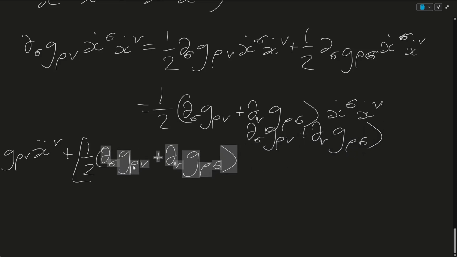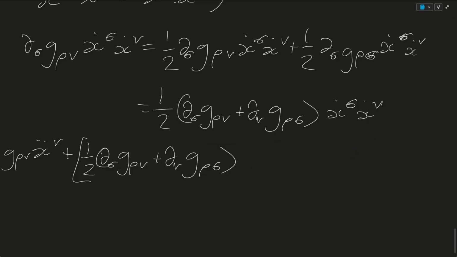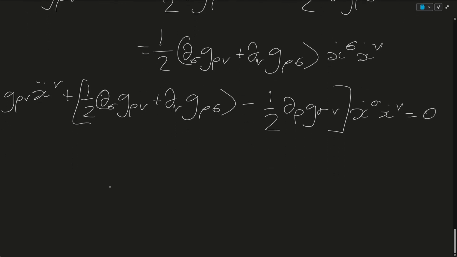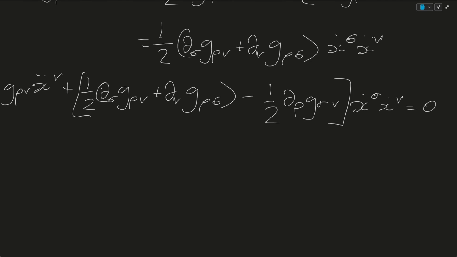Oh look, perfect. Minus half rho G sigma, x dot sigma x dot nu equals 0. If you don't like writing things again and again, don't do physics. That's a joke. Always do physics. Physics is the best. Controversial take, but physics is way better than maths. Anyway.